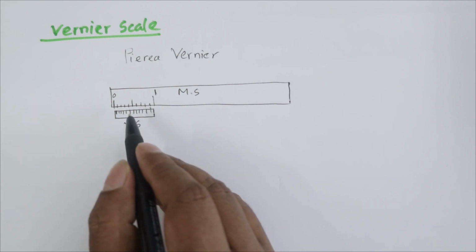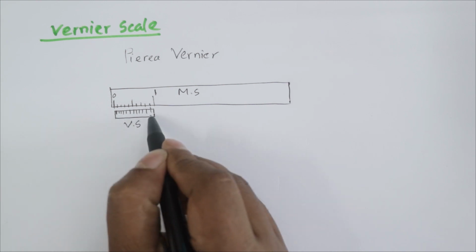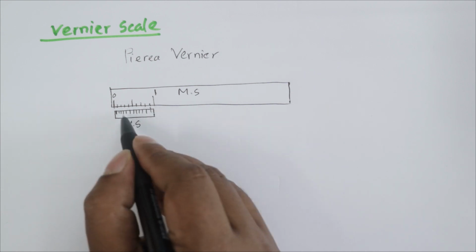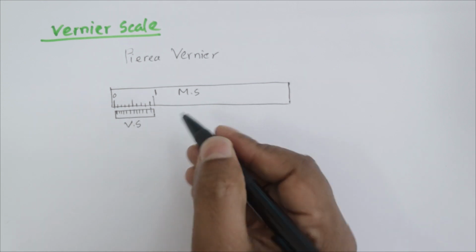Say a vernier scale has 10 divisions. Here it is 0 and here it is 10. These 10 divisions are equal to 9 divisions of the main scale.